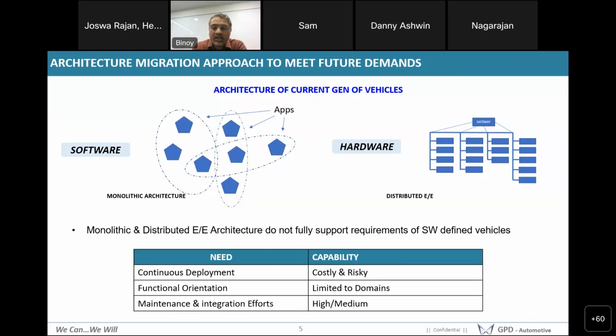And OTA, over the air updates, which are very normal in mobile phones, are still at very nascent stages in automotive, mainly because of these complexities. There are not many vehicles today in the market globally where you can do an OTA for all the ECUs. There are OTAs in most of the vehicles, but that will be limited to a few ECUs. There are vehicles which do that, but because of this architectural complexity, it becomes very, very difficult.